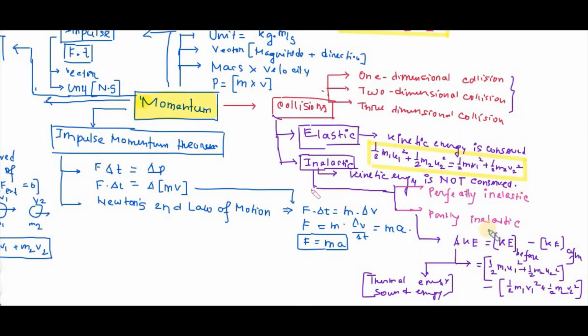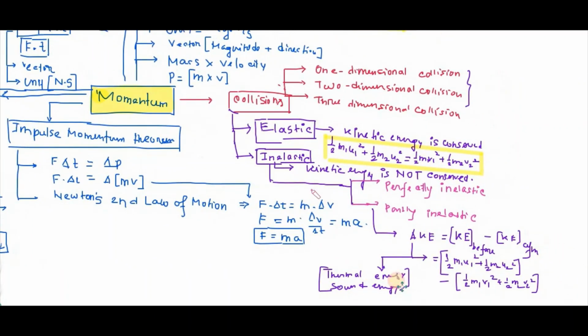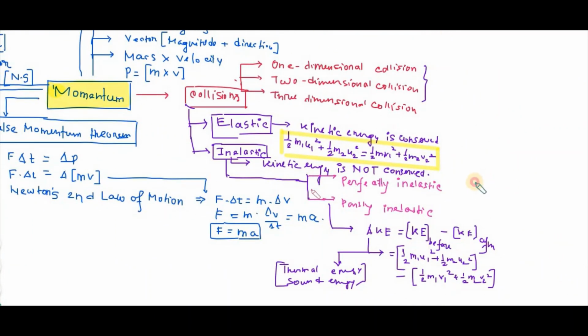And in the case of perfectly inelastic collision, since both objects move together after the collision, let's consider the initial velocities u1 and u2, and the final velocity after the collision, let's say, v prime. The masses are m1 and m2, and the combined mass after the collision becomes m1 plus m2.